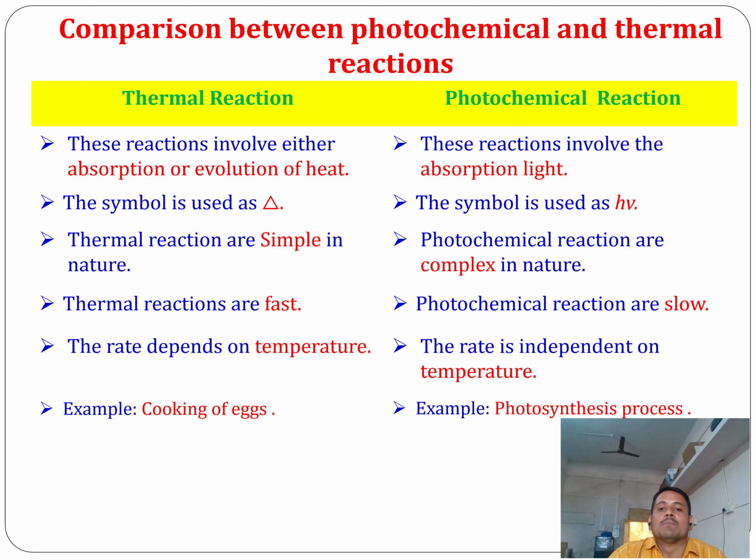But in a photochemical reaction, the rate is independent of temperature. Examples of thermal reactions are the cooking of eggs and the decomposition of copper carbonate to give copper oxide and other products. Examples of photochemical reactions are photosynthesis, the production of vitamin D, and the degradation of plastics in the presence of solar UV light. These are common examples of thermal and photochemical reactions.